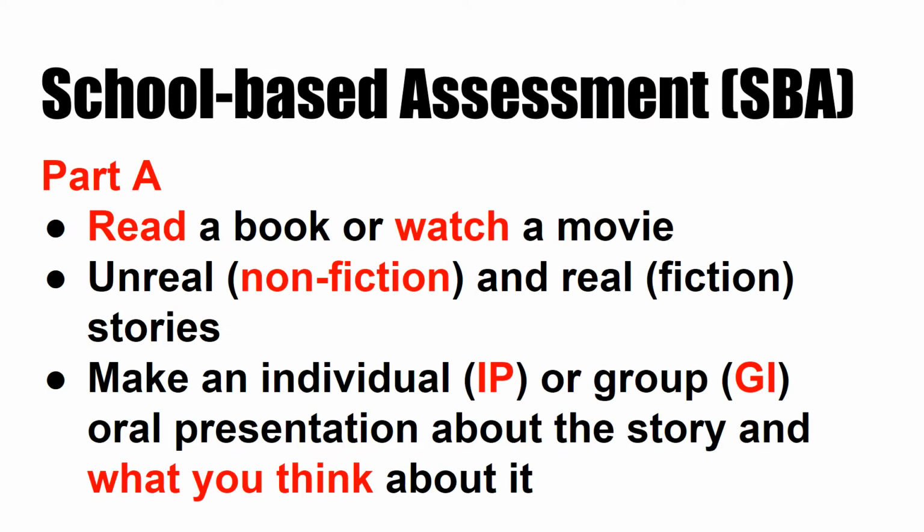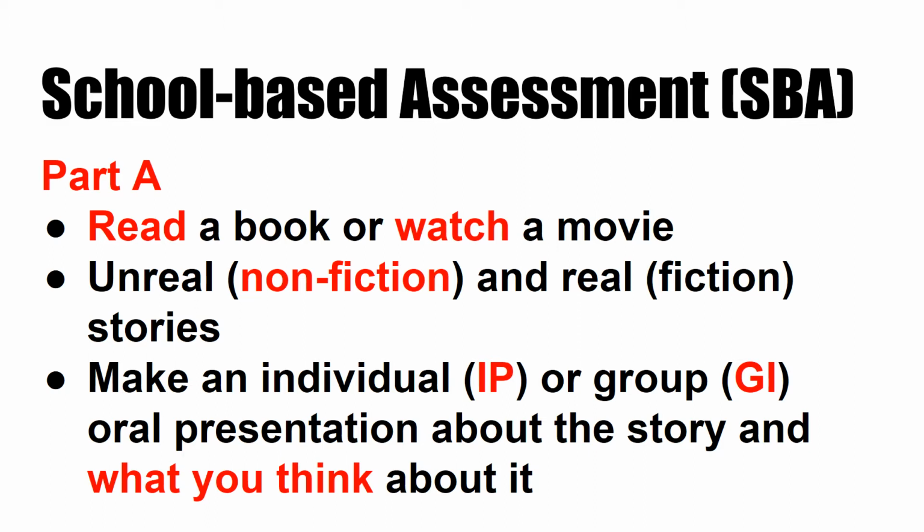As for the school-based assessment, the SBA, there are 2 parts also. For Part A, you have to read a book or watch a movie. And when you read or watch a movie, it's important that you read or watch an unreal story, which we call fiction, and a real story, which we call nonfiction.